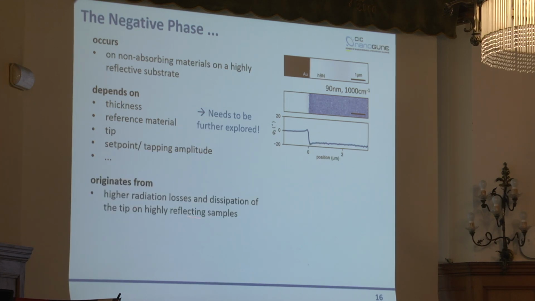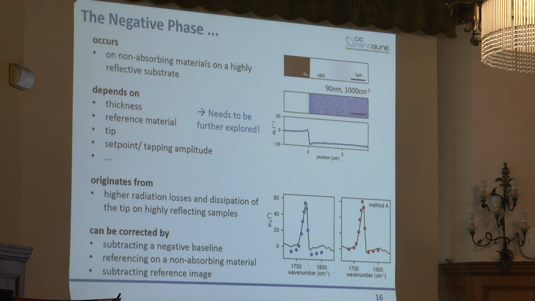It originates from higher radiation losses and maybe also scattering of the tip on highly reflecting substrates. And you can correct it by subtracting the negative baseline, by referencing on a non-absorbing material, or by, for example, subtracting the reference image. And with this, I'm at the end.